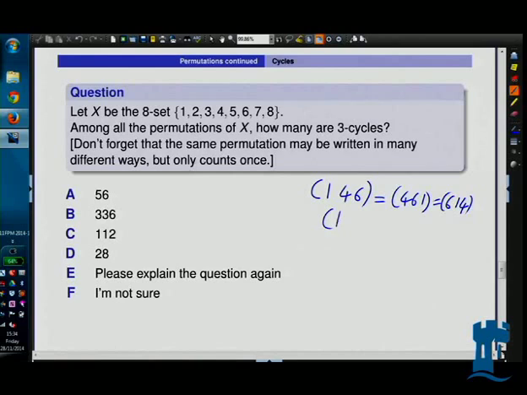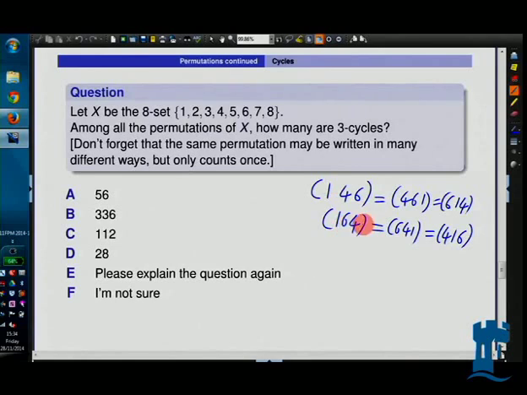Whereas 1, 6, 4 is different. That's the same as 6, 4, 1. It's the same as 4, 1, 6. So that gives you one more, though that's different from the other one. Notice this one sends 4 to 6 and 6 to 1.